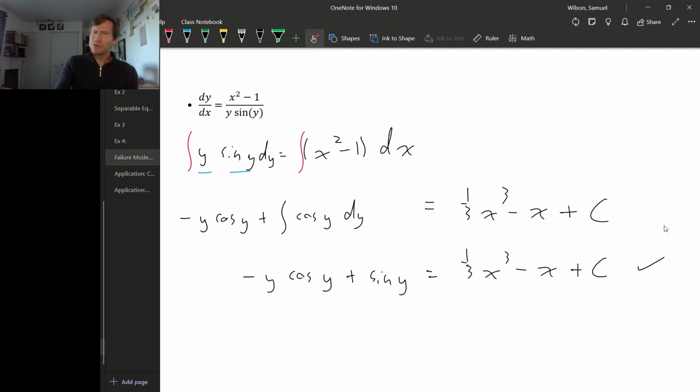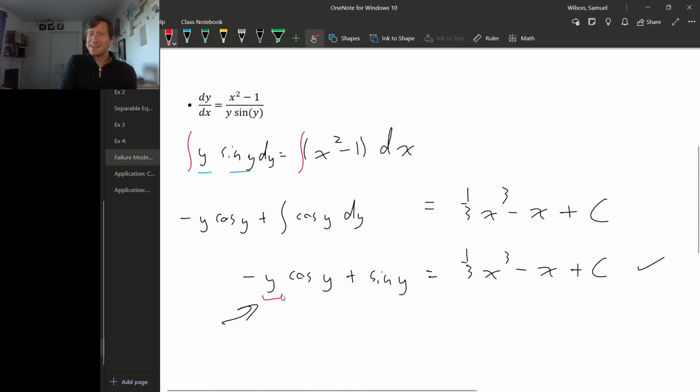That's good. But remember, the next task to explicitly solve for y is to solve this algebraic non-differential equation for y. But we aren't going to be able to solve this for y.